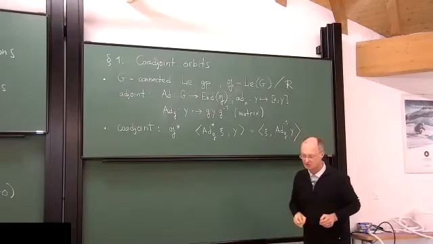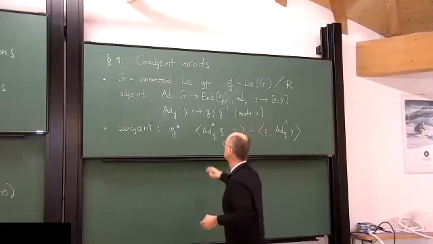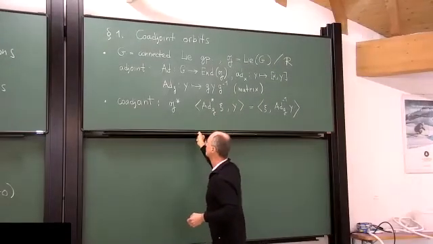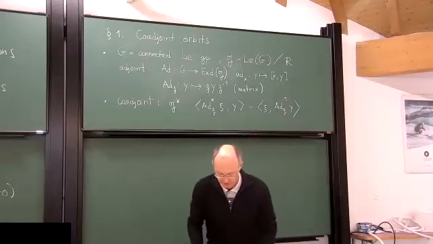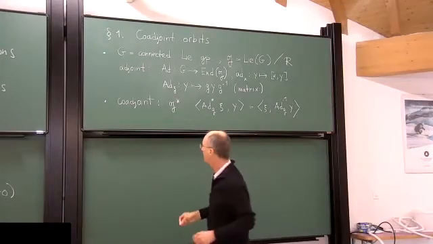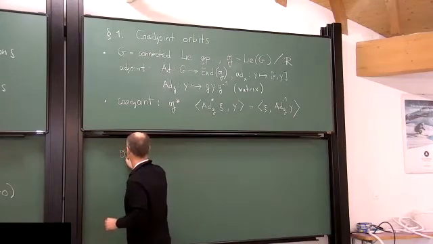So that's the formal definition of the coadjoint action. And of course, we'll see some interesting examples very soon. But for now, just to fix notation.